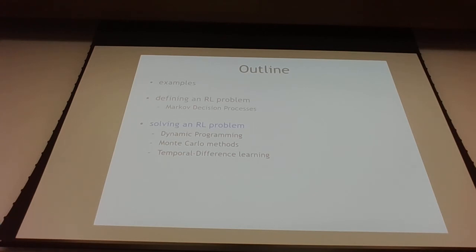Does anybody know the Monte Carlo method? Yeah, some people. So basically it is randomized simulation. You take a sample and you assume a distribution, and you pick a neighborhood, and in that neighborhood you pick some samples randomly and then simulate them. So you can do that. And then there is another called temporal difference learning. We will talk about that a little bit later.